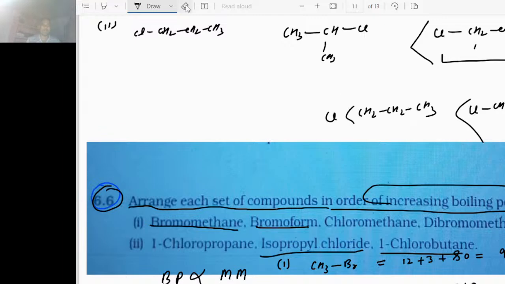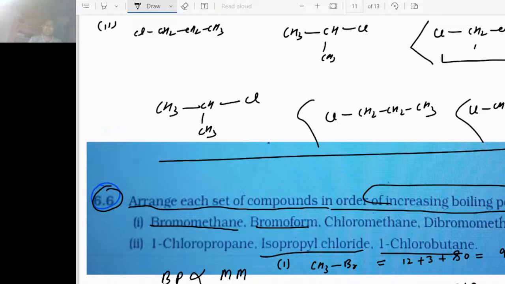Now the last one will be the compound with the least boiling point. So this was based on the branching. This is the increasing order of boiling point.